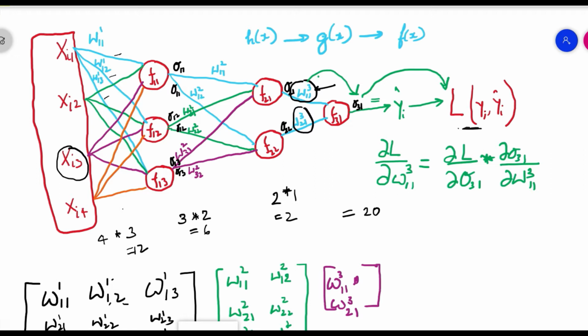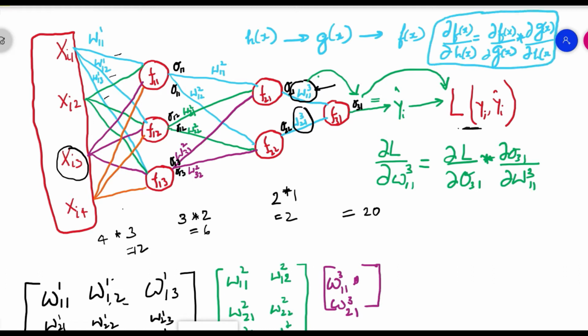Then the chain rule of differentiation says that the rate of change of f(x) with respect to h(x) is equal to the differentiation of f(x) with respect to g(x) multiplied by the differentiation of g(x) with respect to h(x). So this is what the chain rule says, if a function f(x) is dependent upon g(x) and g(x) is further dependent upon h(x).